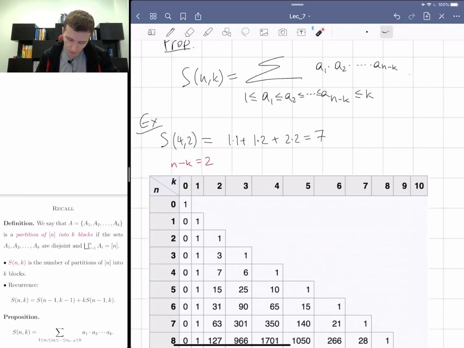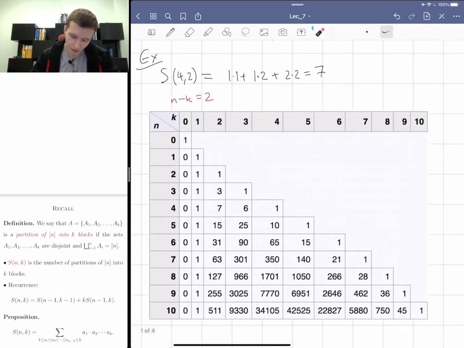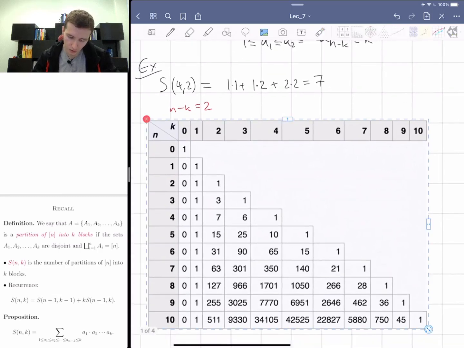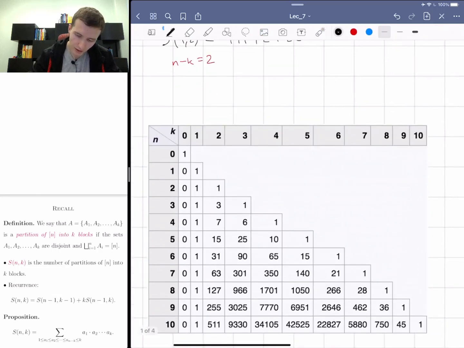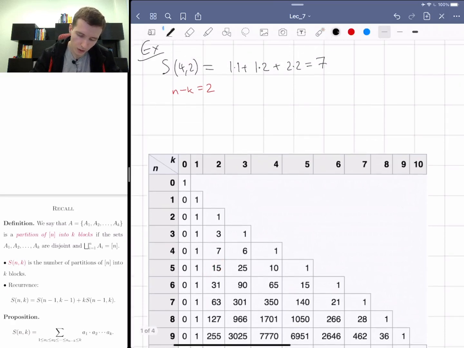Maybe I can even try a harder one. Let's try 15, S(5, 2).